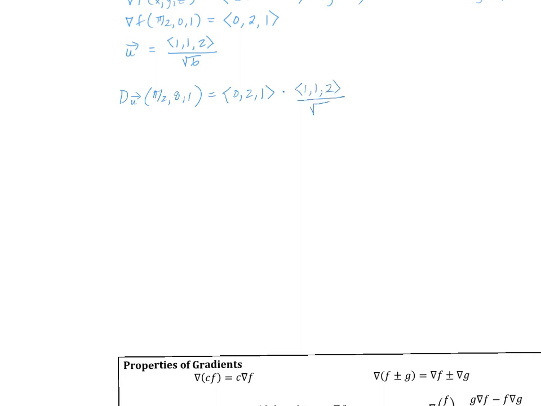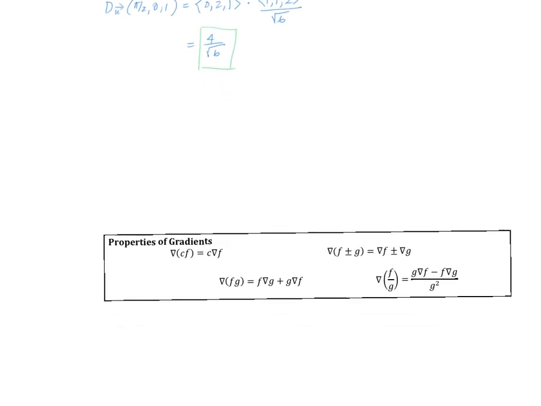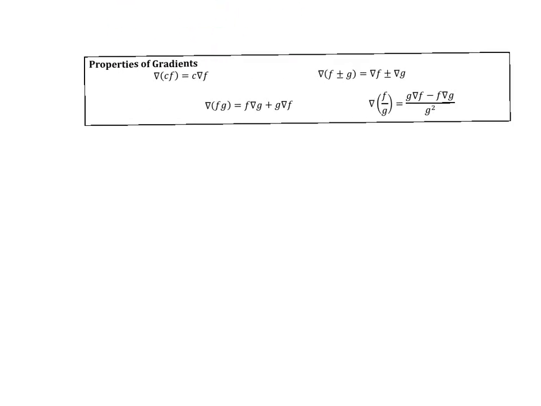I'll just keep the square root of 6 in the denominator and ignore it. Do the dot product of these vectors. That should be 2 plus 2, 4, divided by the square root of 6. And that's it.